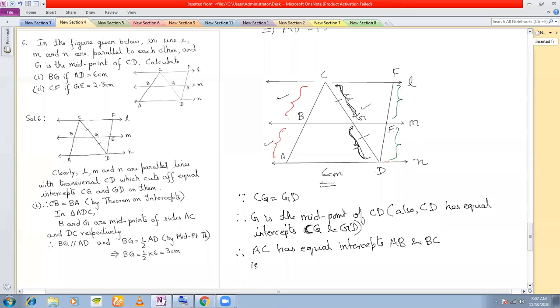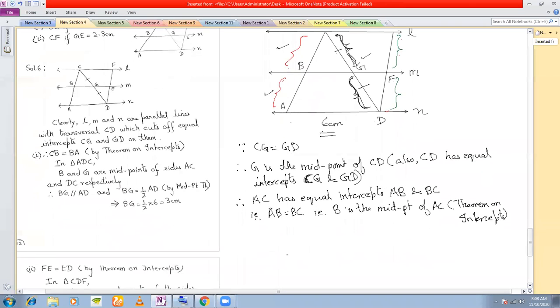That is, AB is equal to BC. That is, B is the midpoint of AC. This we are getting from the theorem on intercepts.